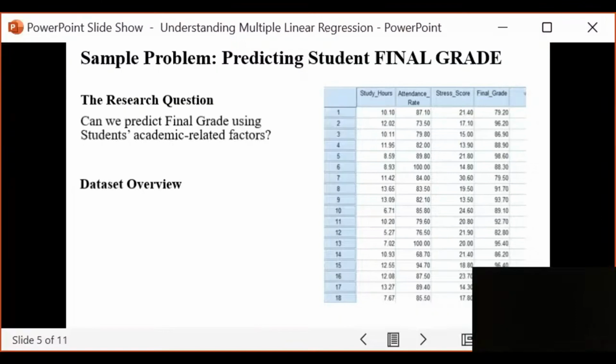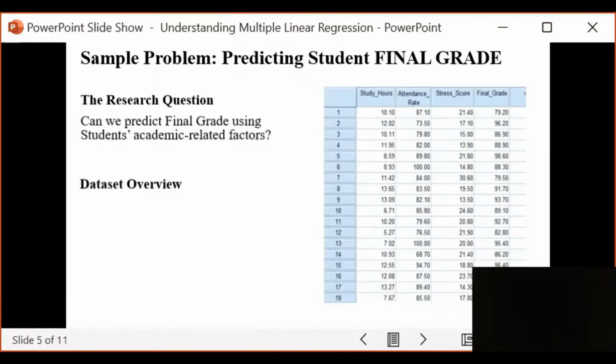So since research is a scientific undertaking, before you undergo the experimentation or the research, there have to be questions or guide questions before you proceed with the experimentation.